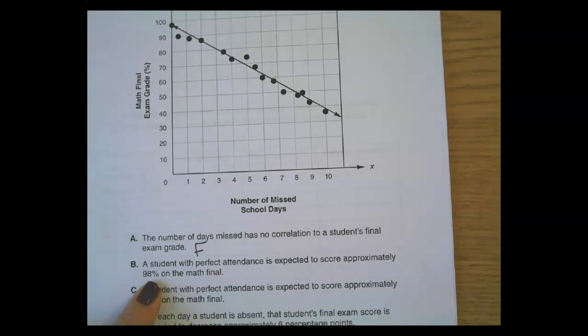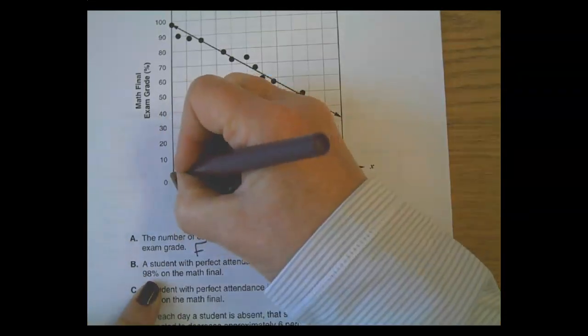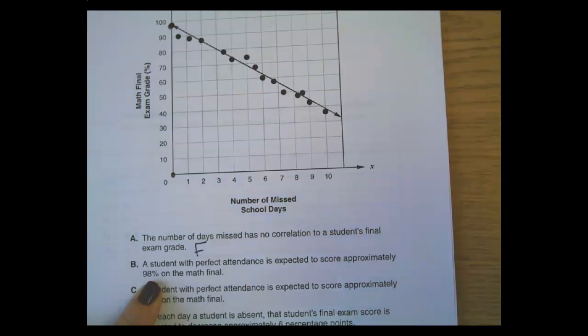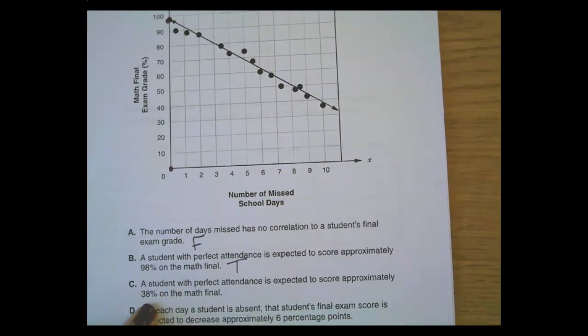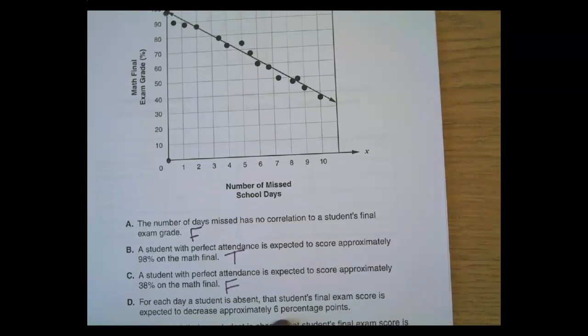A student with perfect attendance, so that's no days missed, is expected to score 98%. So what do you think that score is? 98%? I'm saying that's true. A student with perfect attendance is expected to score 38. That's false.